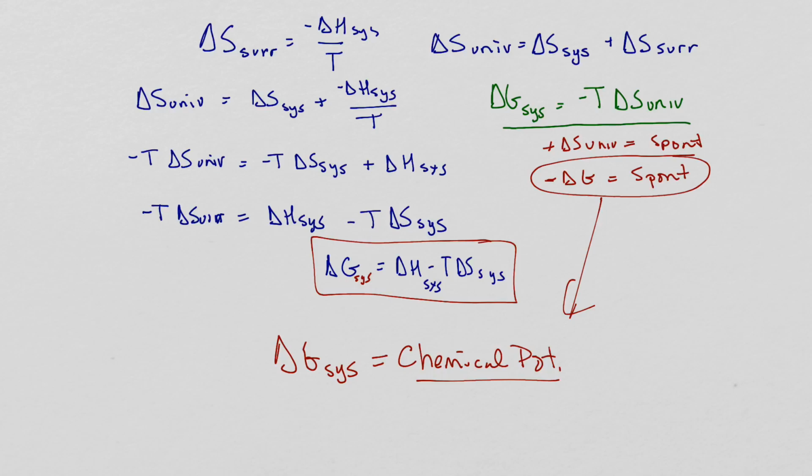That means a negative change in Gibbs free energy, or a decrease in potential, just like we see with mechanical potential energy, corresponds to a spontaneous process, and an increase in Gibbs free energy, or a positive delta G, corresponds to a non-spontaneous process.